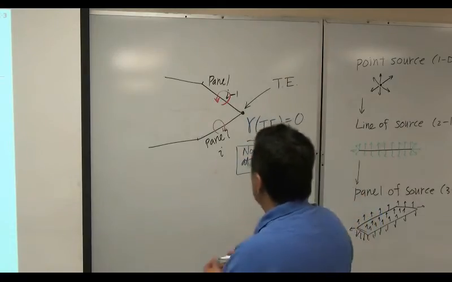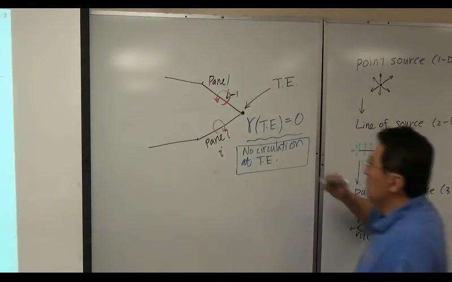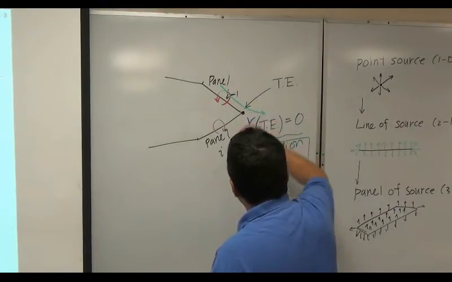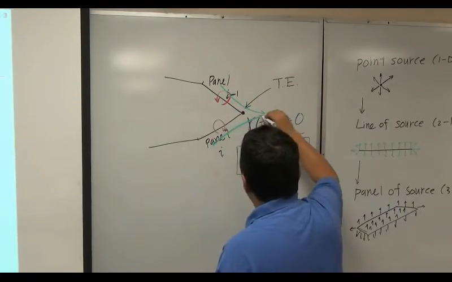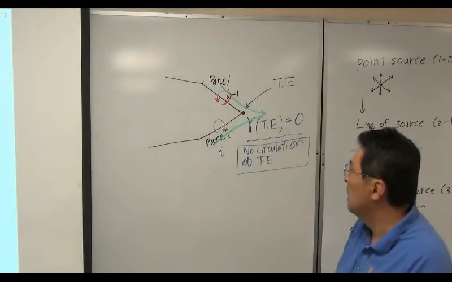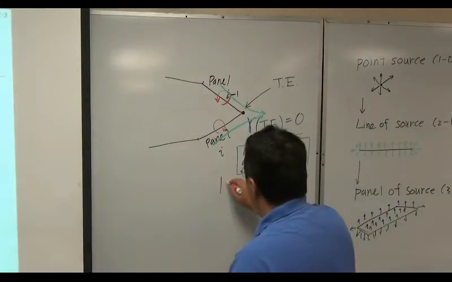If there's no circulation at the trailing edge, of course, the velocity here, velocity there, departs smoothly at the trailing edge because there's no circulation in either way, this way or that way. This is good condition.